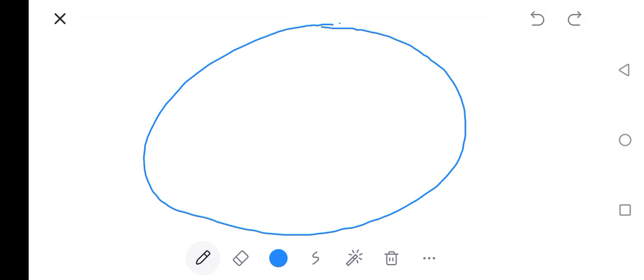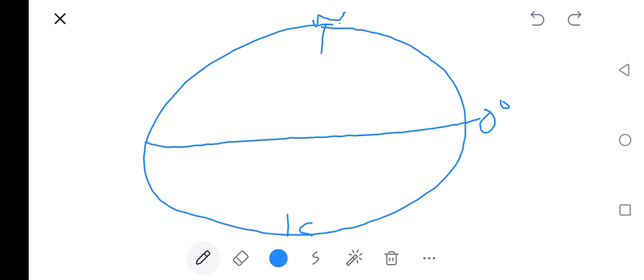So let us look at an example. North, south, 0 degrees.